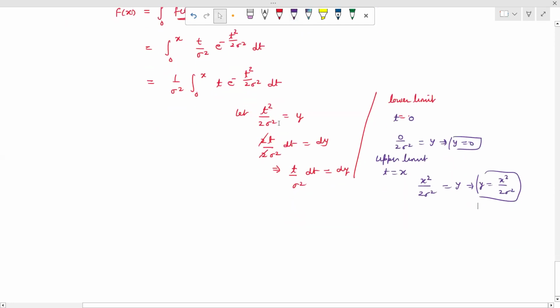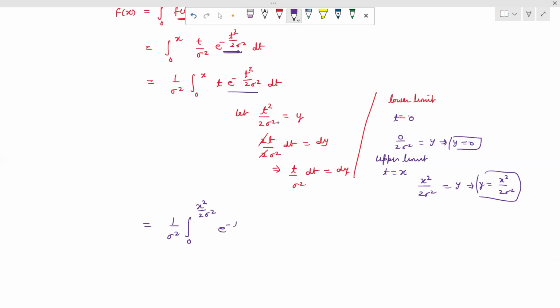So now when we solve the integration, 1 upon sigma square, the limits will be 0 to x square upon 2 sigma square, into the value of this, e raised to the power minus y, and now we have t dt upon sigma square also. So we write down the value of t dt: t dt is equal to sigma square into dy.